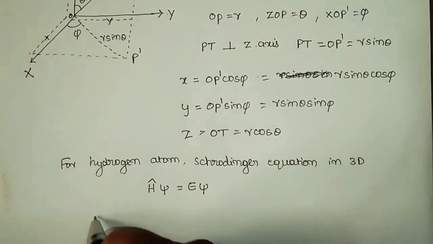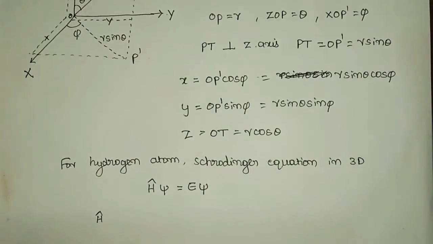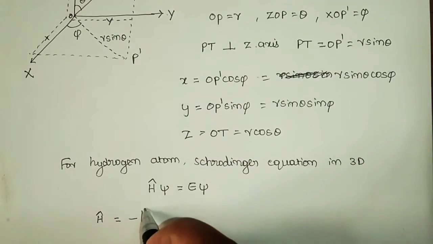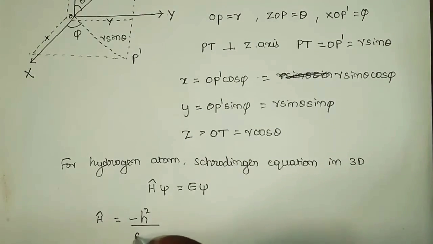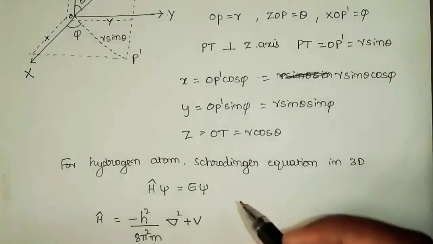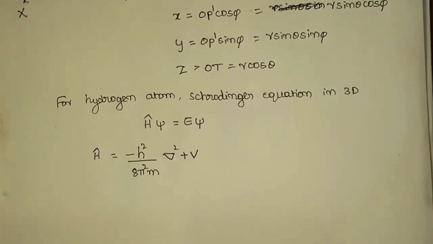So we know that here H cap is called the Hamiltonian operator, which is given as minus h square by 8 pi square m del square plus V. So this is the complete form of the Hamiltonian operator, that is H cap, right?